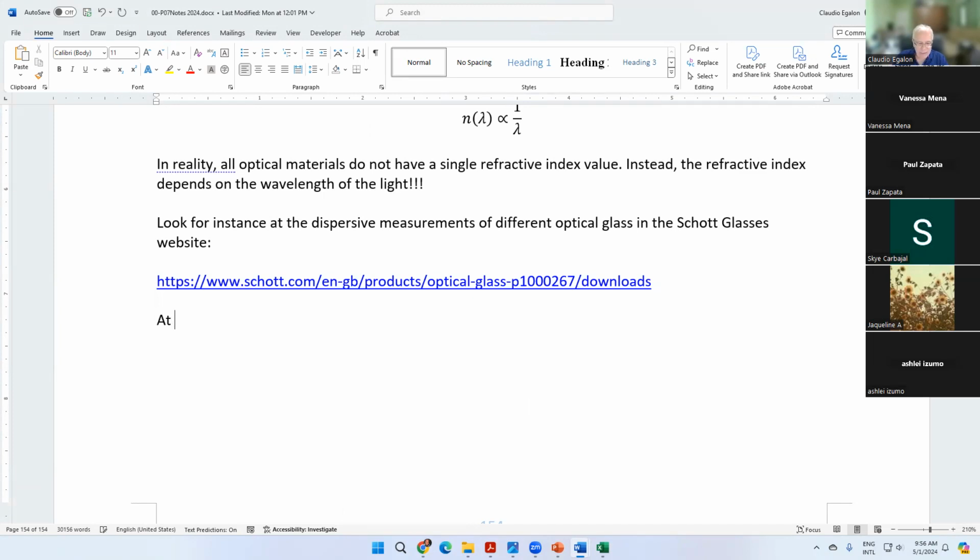At this link, you can download data sheets containing the optical dispersive properties of different glasses.